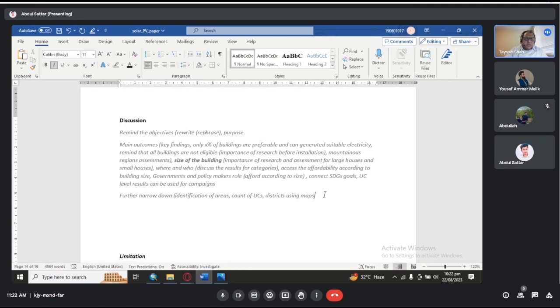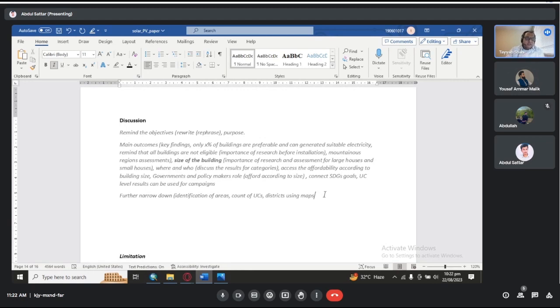At the same time, they can support the renewable energy challenge: how we can increase the share of renewable energy in our total national consumption or production of electricity. Fine. So this is the purpose of this paper.